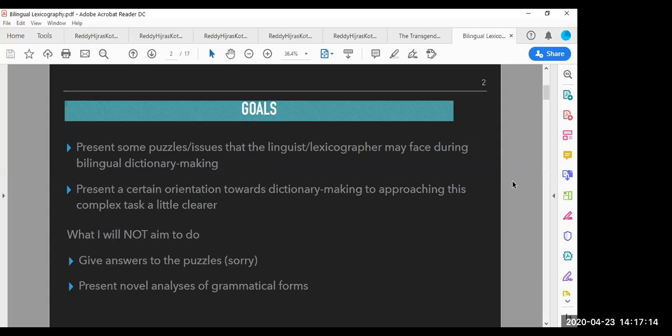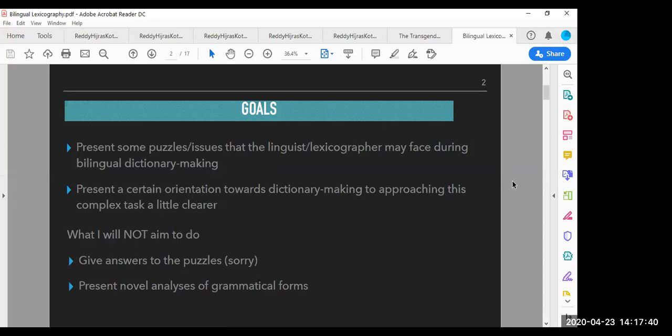So what I will not aim to do is give answers to the puzzles. Sorry about that, because as I'll keep emphasizing during this lecture, the answers to these puzzles depend on a lot of different factors. Most importantly, the goal of the lexicographer involved, and the goal of the project, and the languages involved as well.